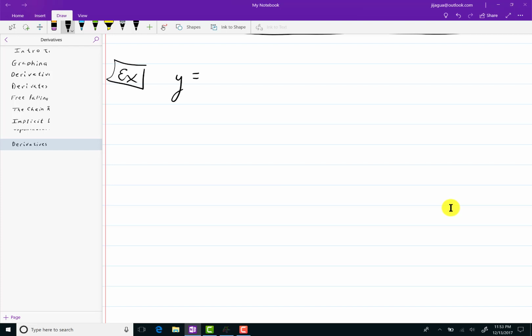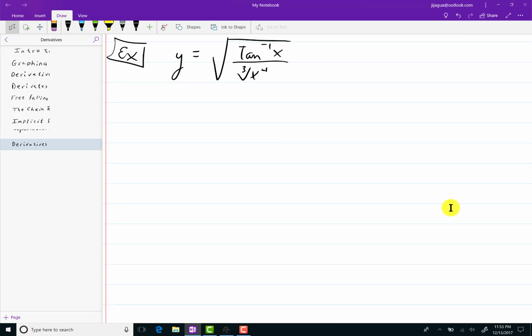y equals the square root of tan inverse of x all over the cubed root of x to the fourth. All right, first thing I'm going to do is get rid of all these silly radical signs and change this to powers.